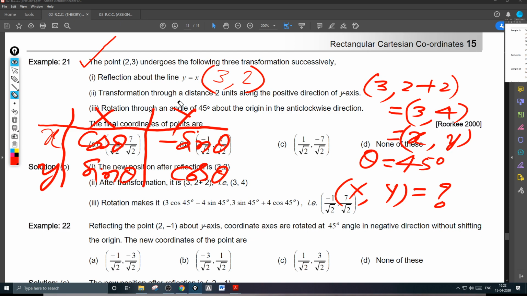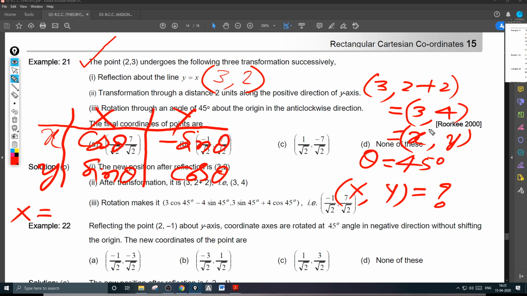Rotation through an angle 45 degrees about the origin in the anti-clockwise direction, then the final coordinates of the point are. Final coordinates means we have to find out new coordinates only.